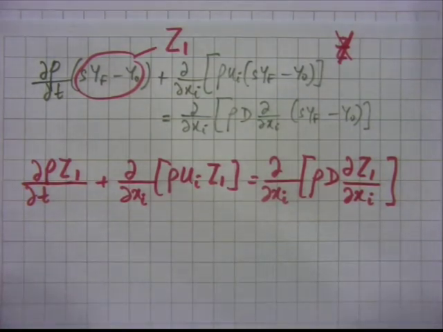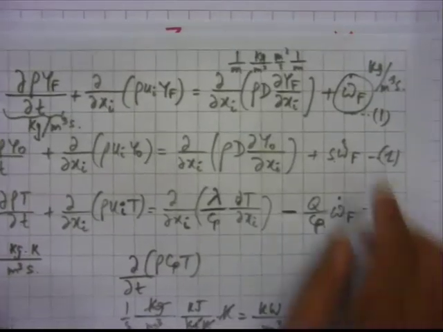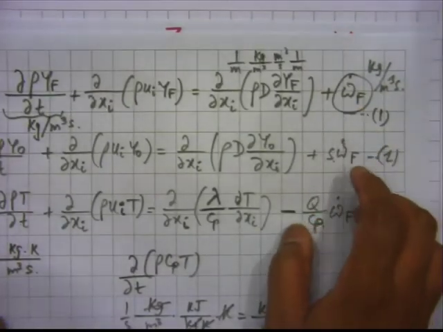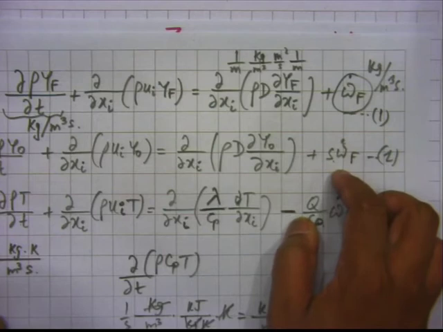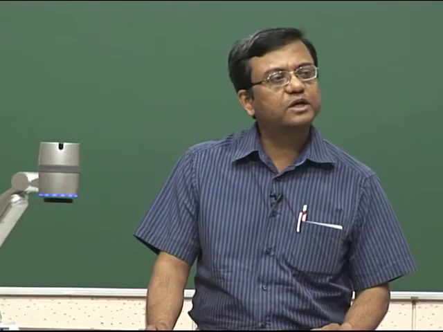Now a source term actually makes the solution of equations more difficult, because if you think about the YF equation or the YO equation, they have this omega dot F and omega dot O, right? And omega dot F is likely to be complicated. What does omega dot F depend on?